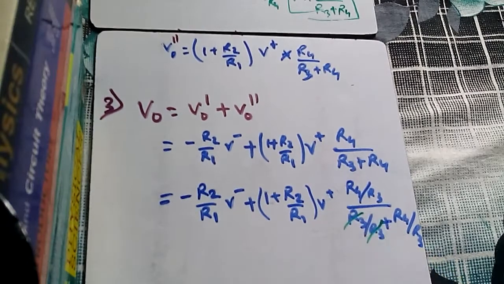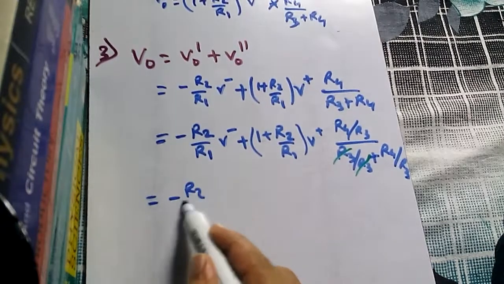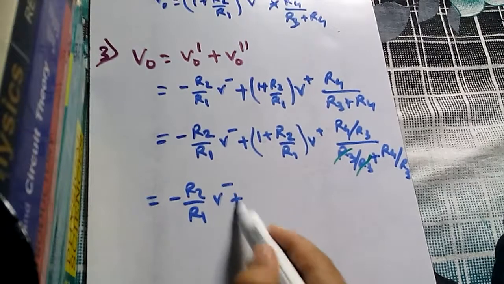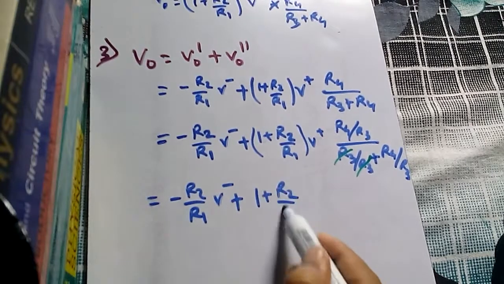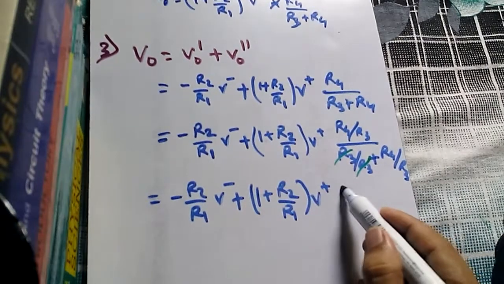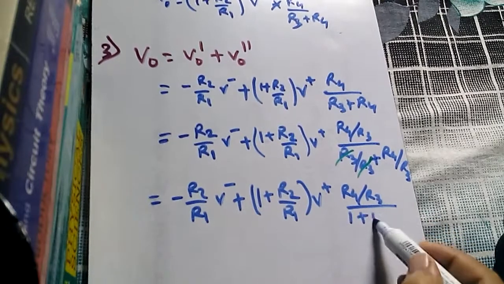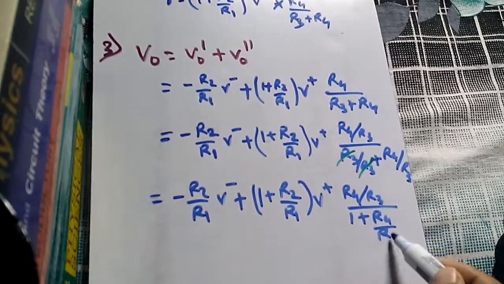Here it cancels. So we have minus R2 by R1 V minus plus 1 plus R2 by R1 V plus into R4 by R3 by 1 plus R4 by R3.